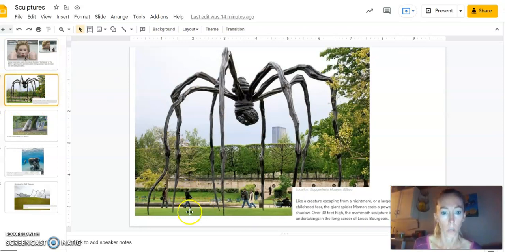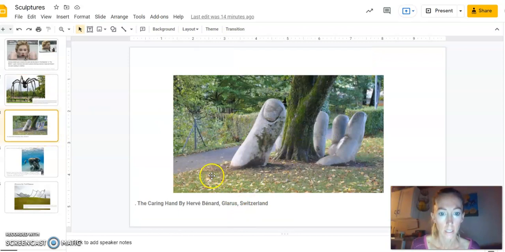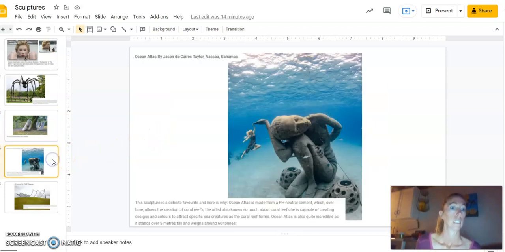Because these people are walking underneath this spider, you could say how many people high this spider is. Then you have this hand. So talking about a person walking by, are they going to be as tall as this thumb? Or our thumb compared to that thumb? Or this nail compared to our nail? And then you have this really cool one.